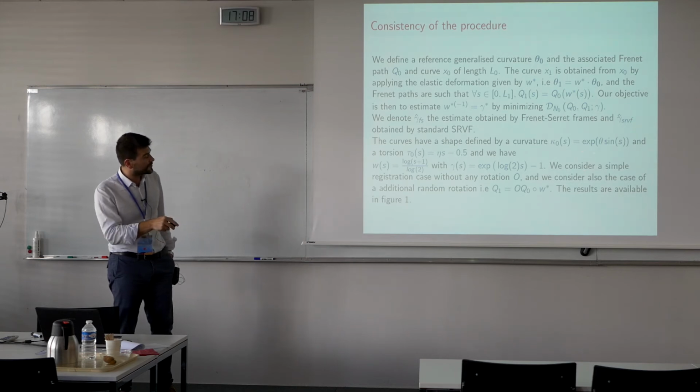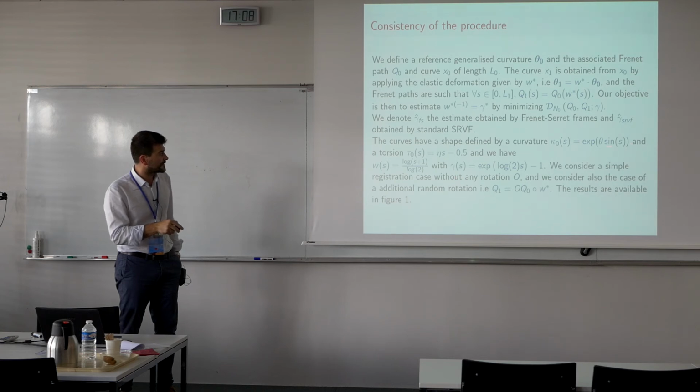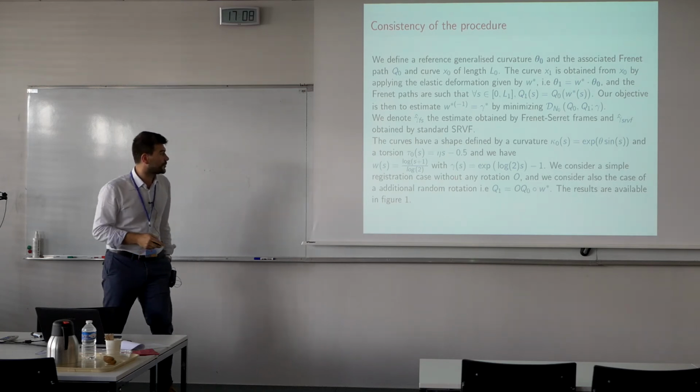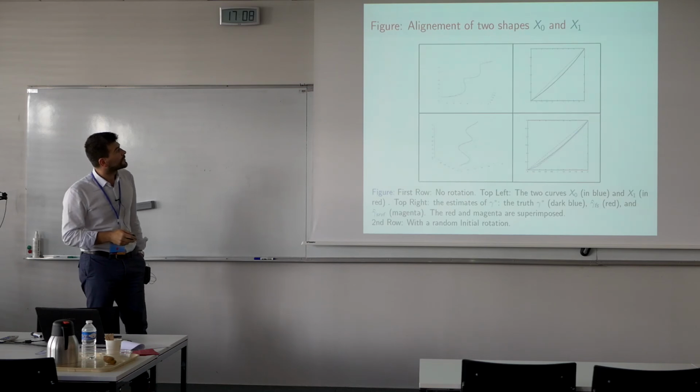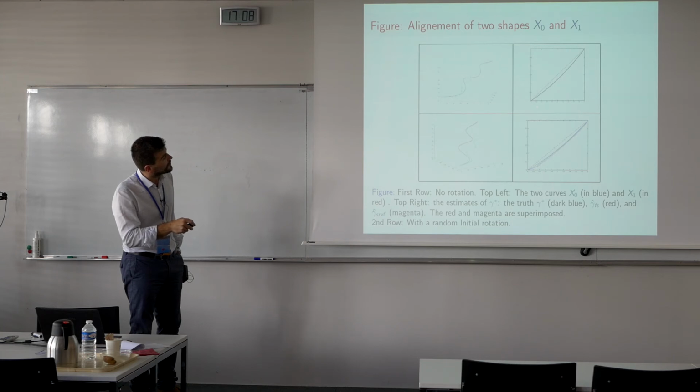The geometry is relatively simple. The curvature is like that, the torsion is linear, and we have taken this expression for W. So these are our two curves, Q0 and Q1. And here you see the corresponding stretching function gamma.